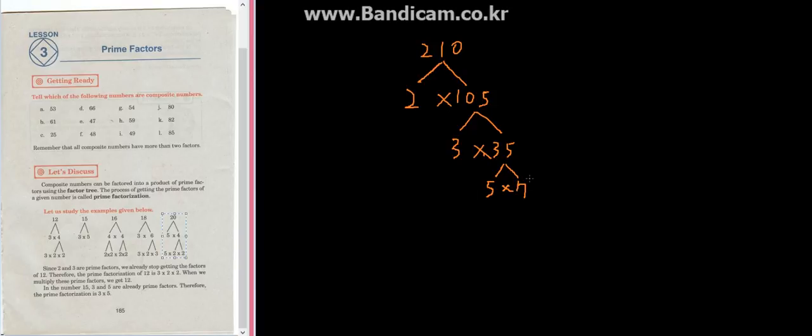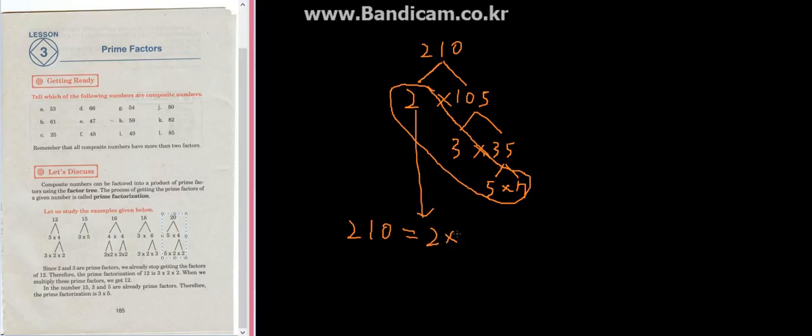If I stack all of these numbers, the final version of the prime factorization is 210 equals 2 multiplied by 3 multiplied by 5 multiplied by 7. 2 multiplied by 3 is 6, and 5 multiplied by 7 is 35.